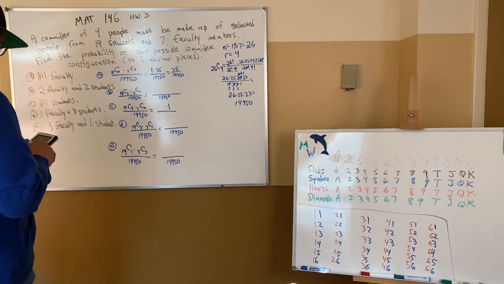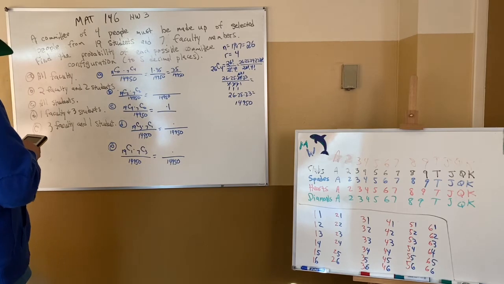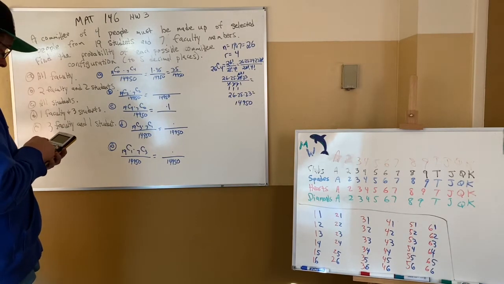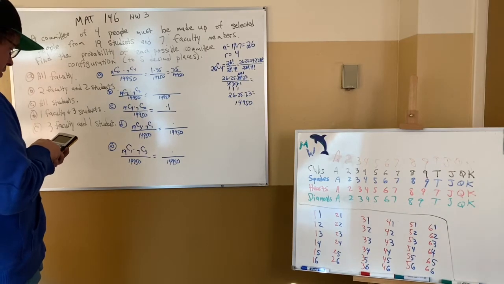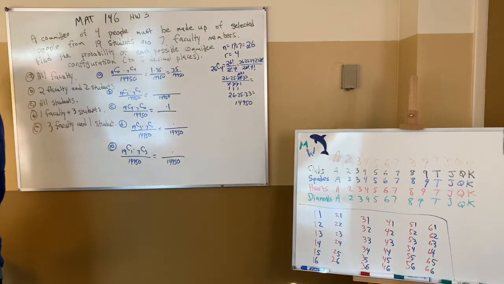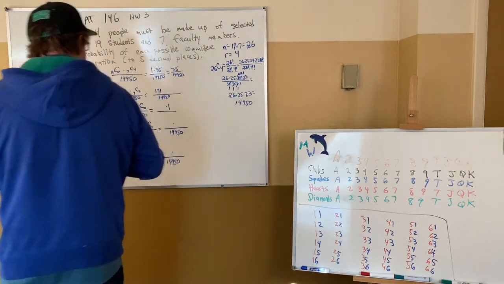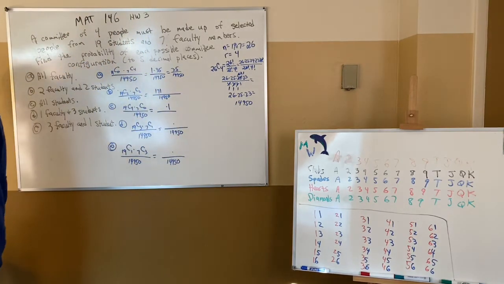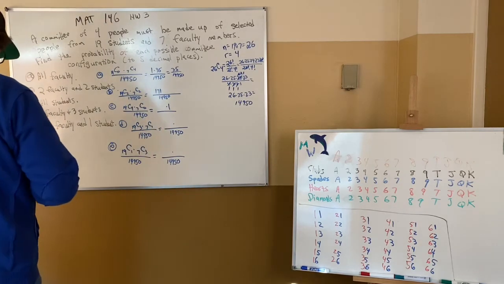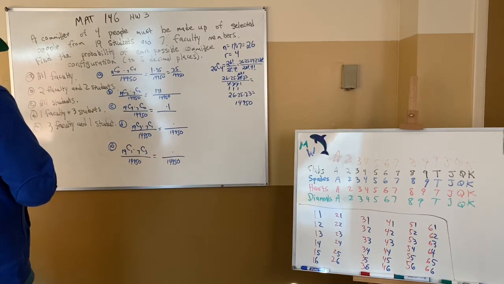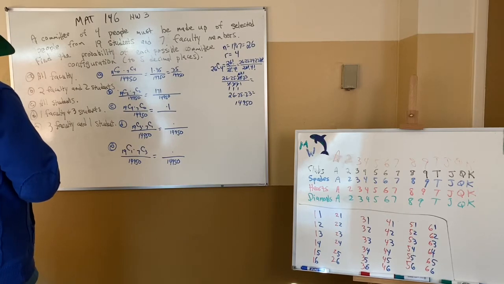Next I need 19 choose 2. 19 choose 2 is 171, times 7 choose 2, which is 21.